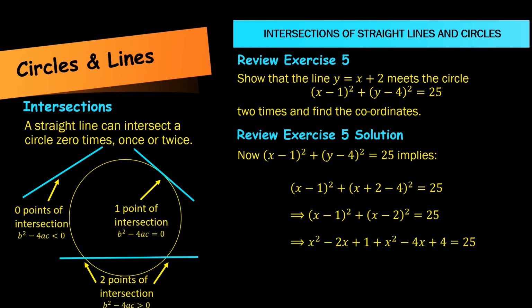Expanding, x minus 1 all squared gives us x squared minus 2x plus 1. And expanding x minus 2 all squared gives x squared minus 4x plus 4. And of course 25 remains as it is.